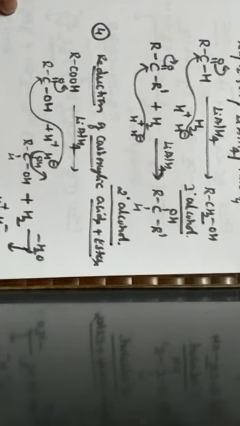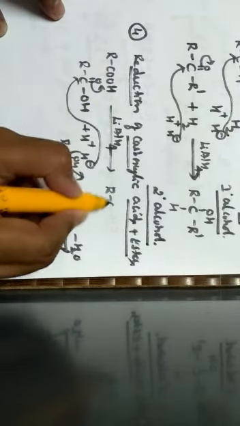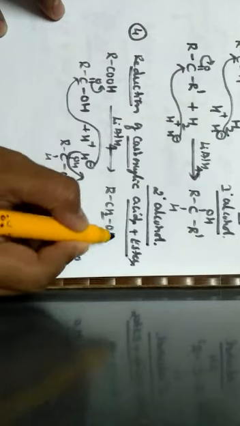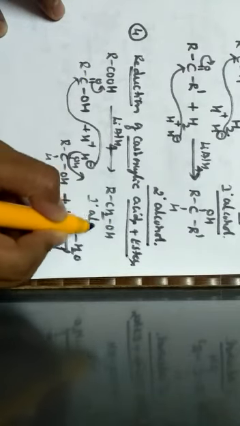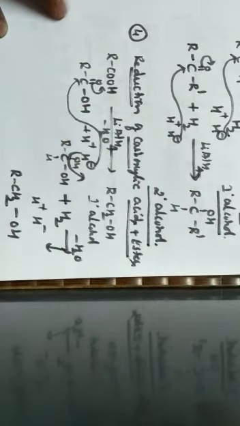A water molecule gets eliminated, so that we get an alcohol as RCH2OH. Hence, directly I can write it as, when a carboxylic acid is subjected to reduction, we get an alcohol called a 1 degree alcohol or a primary alcohol. Here what is eliminated? A water molecule gets eliminated. So this is the explanation of the reaction.